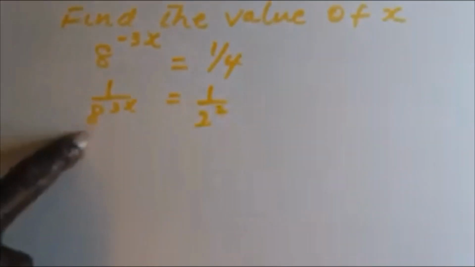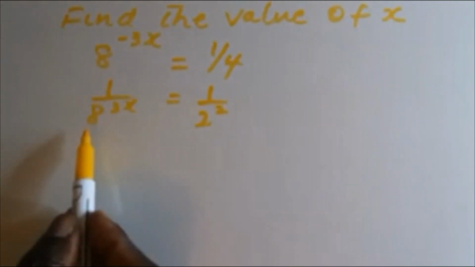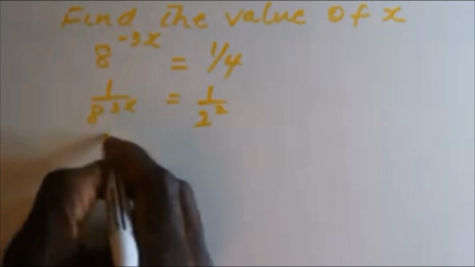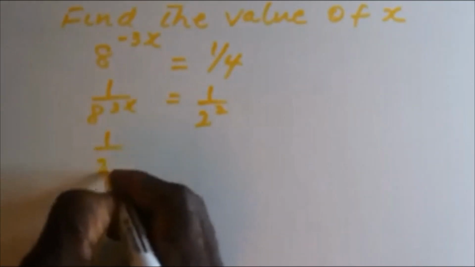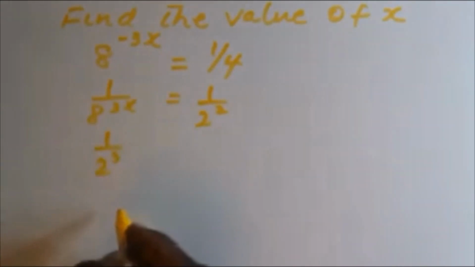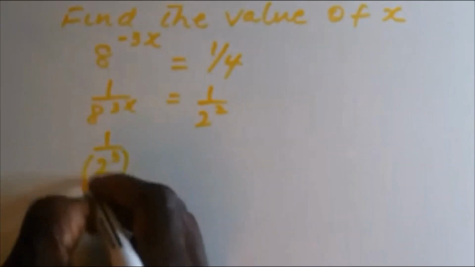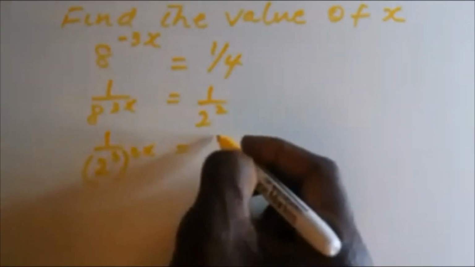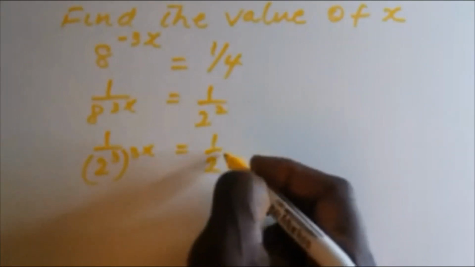We can rewrite 8 using a power of 2, so we have 1 over 2 cubed, brackets, and we have 3x on the outside, and that's equal to 1 over 2 squared.